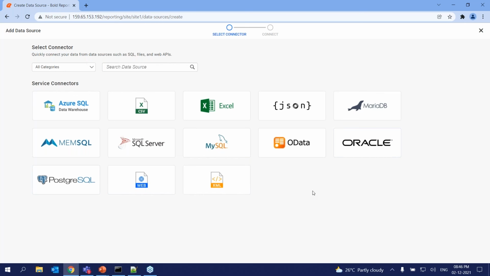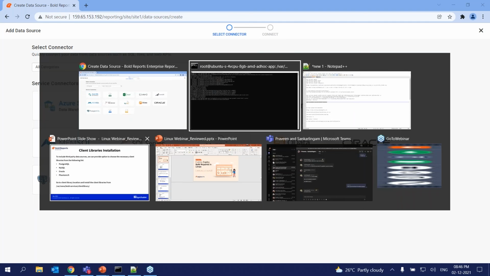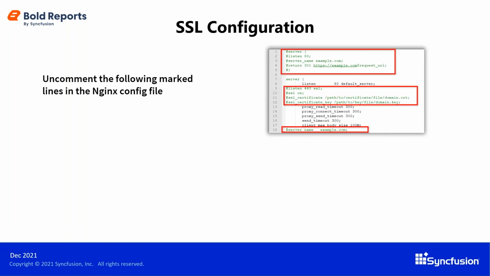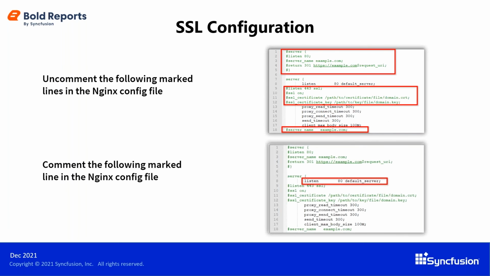Now let me show you about SSL. SSL stands for Secure Sockets Layer. It's the standard technology for keeping an internet connection secure and safeguarding any sensitive data that is being sent between two systems.